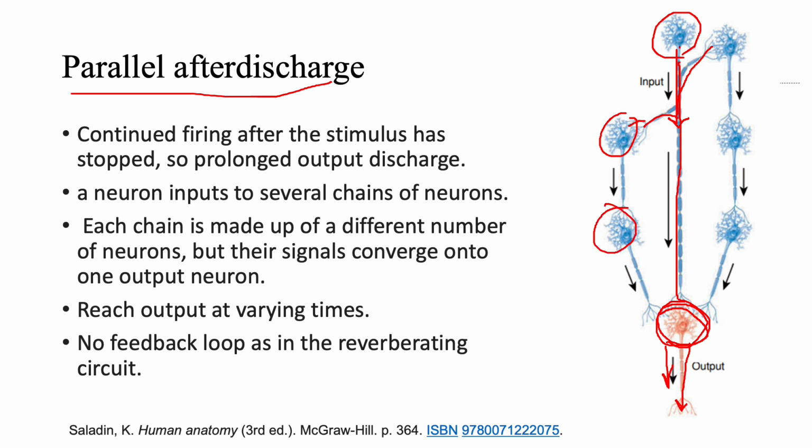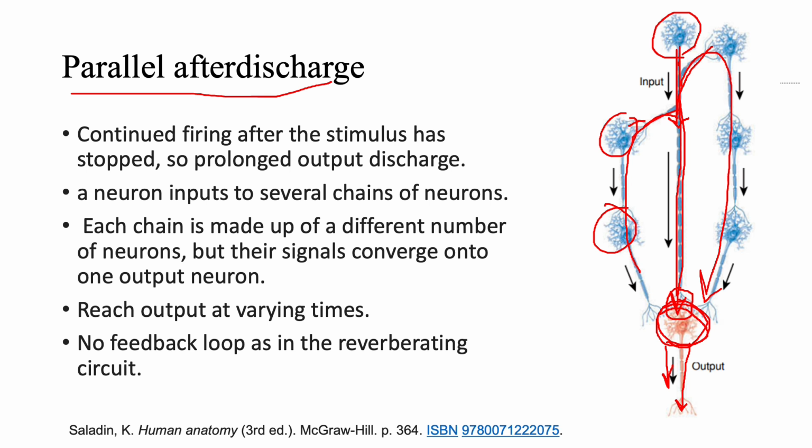Again, this is a direct synapse with this orange neuron, but here there are two interneurons in between, and here there are three interneurons in between. That relates to the principle of delayed transmission at the synapse. If you increase the number of synapses, you delay the signal more and more.